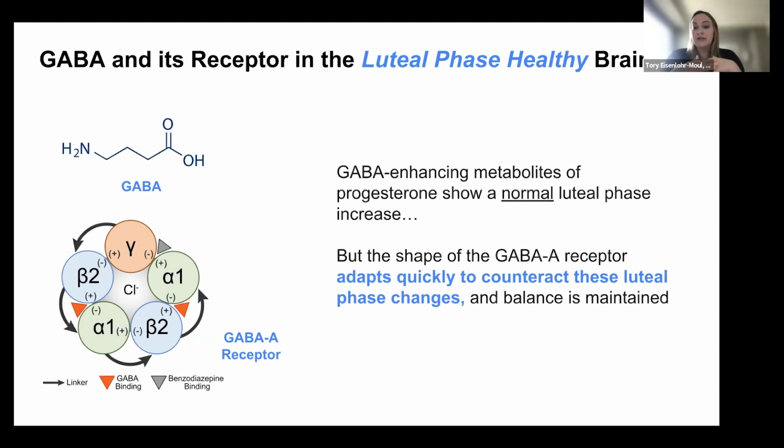And then the GABA A receptor adapts quickly, and all the puzzle pieces rearrange, and it slows things down so that this big increase, remember, we talked about the corpus luteum spits out all of that progesterone in luteal phase, that big increase doesn't cause major problems in sort of the level of calmness or inhibitory control of your brain. So balance is maintained. There's a big change in progesterone and estrogen, but the GABA A receptor has your back. It's rearranging all those little puzzle pieces, and there's no problem.